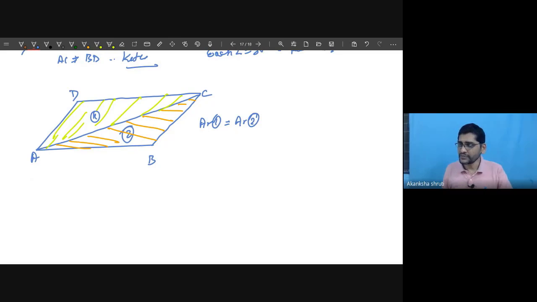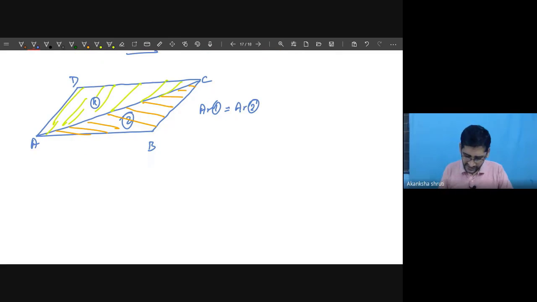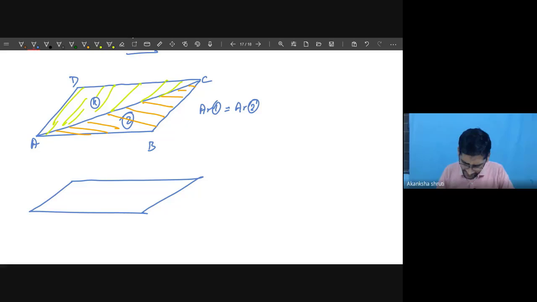The other important property regarding the parallelogram that we need to keep in mind: if we draw the angle bisector of each of the 4 angles of a parallelogram, this angle bisector will not pass through the opposite vertex, meaning it will not be the diagonal.